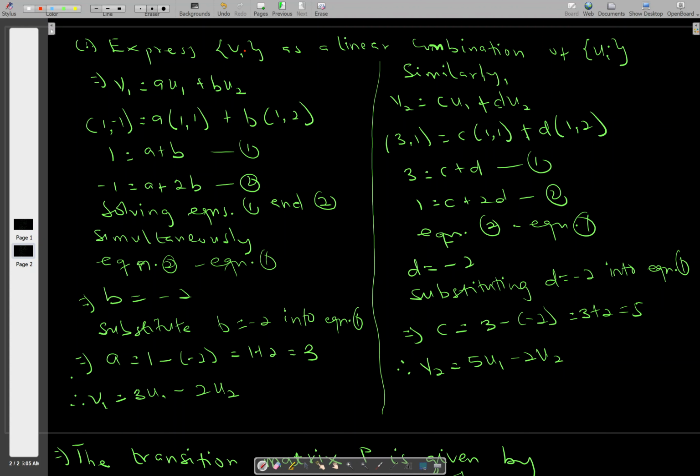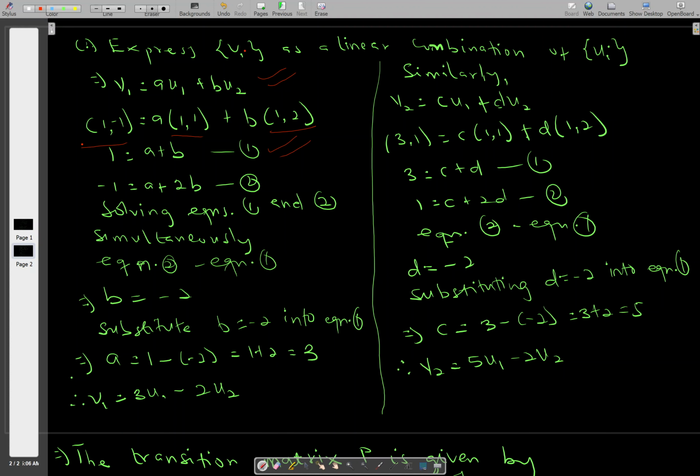First of all, we pick V1. So we express V1 as the linear combination of U1 and U2. Our V1 is given by 1, negative 1 from the question. Our U1 is 1, 1, our U2 is 1, 2. You pick the first element in each of the vectors: 1 equals A times 1 plus B times 1, so A plus B. That is equation 1.